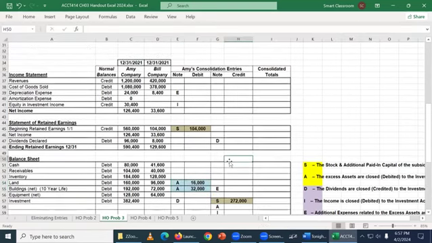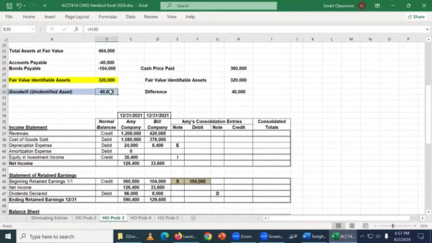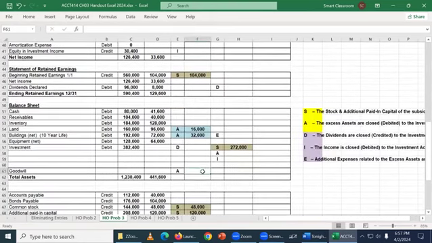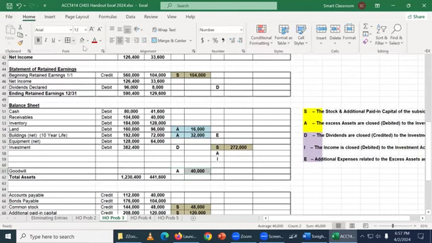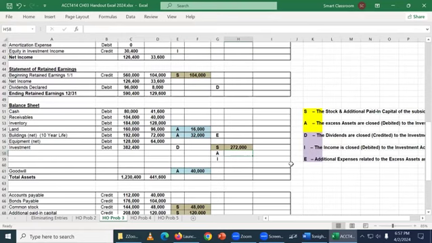And also, yeah, the goodwill. Those together should be your assets. $88,000. Yeah, I think that's right.